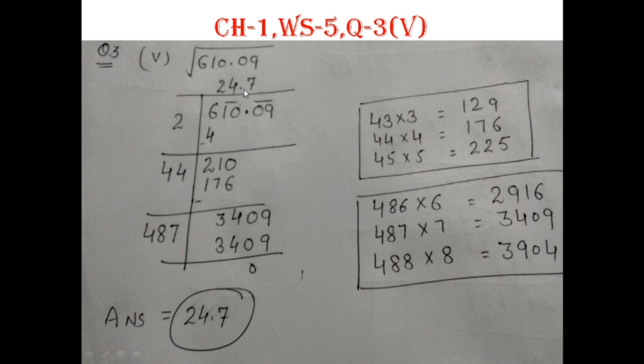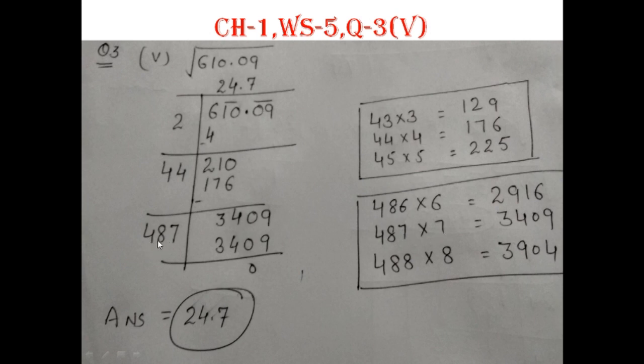So you will use the decimal here also. It will become 3409. Then double of 24 is equal to 48. And now with the same method, I have tried different numbers here, and according to this number 3409, I have selected 7.